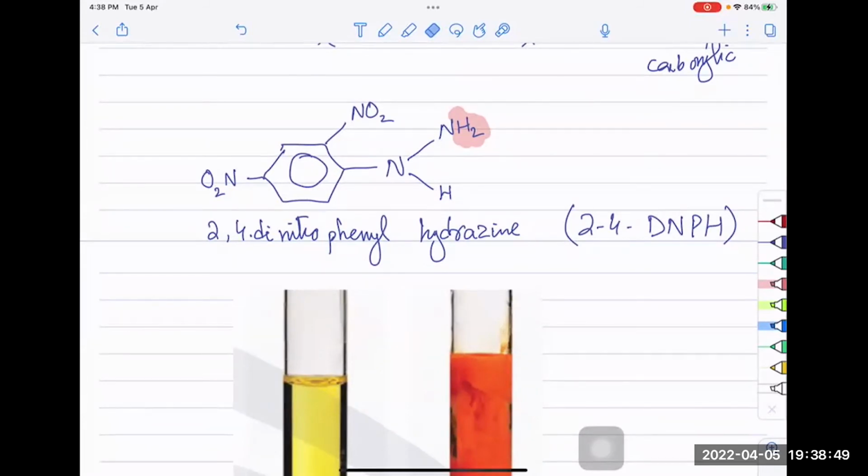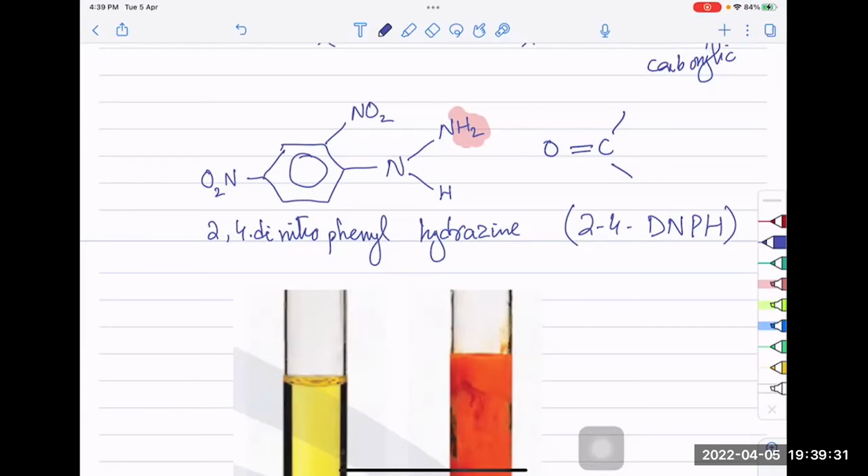If I already have two hydrogens, what else do I need to make water? The oxygen of the carbonyl, whether it's aldehyde or ketone, we can get this carbonyl O, and that is what comes out, and that's when you get a precipitate.